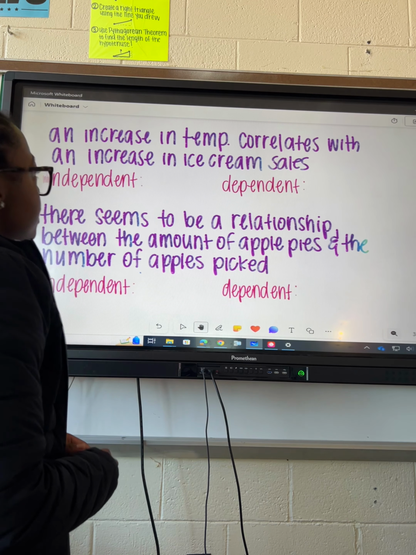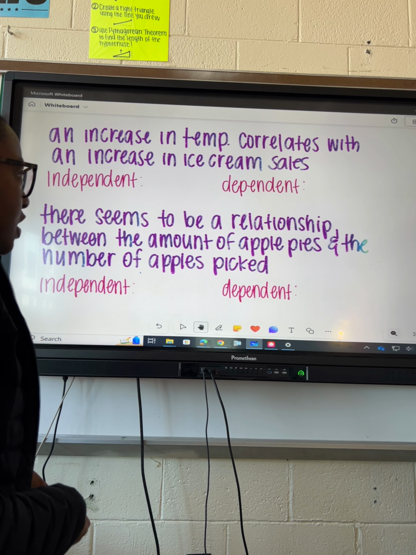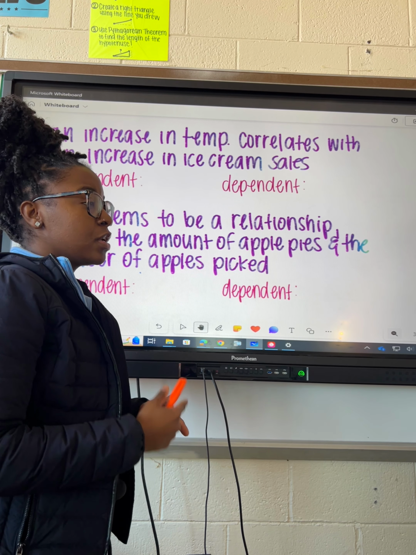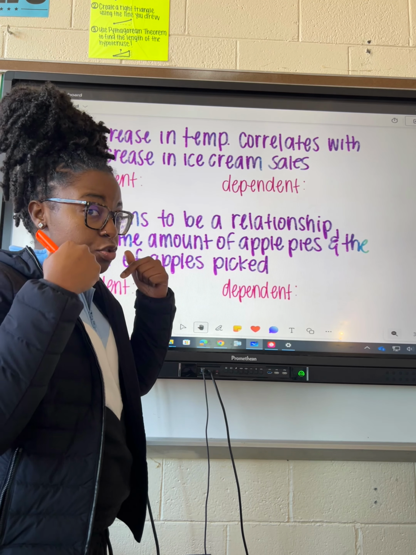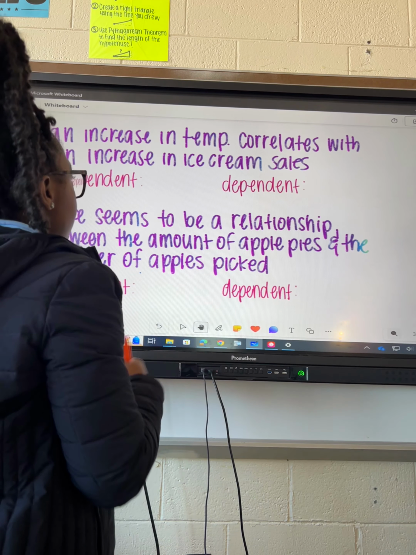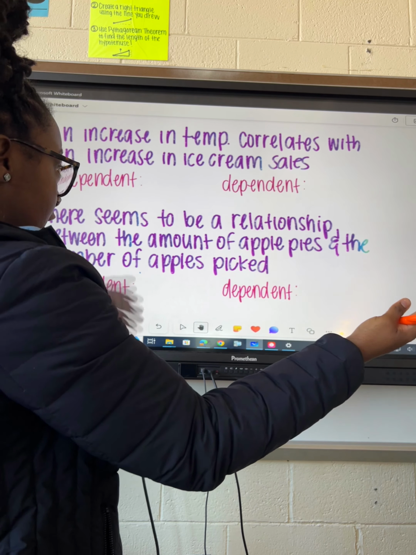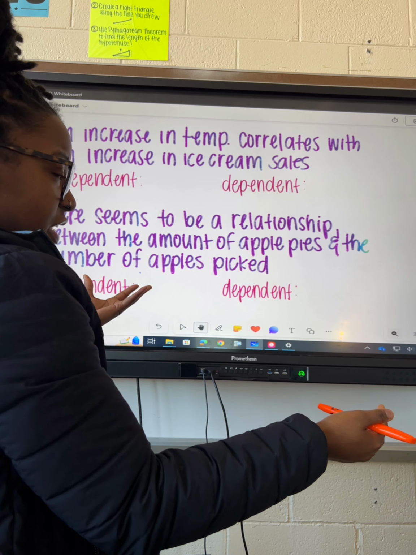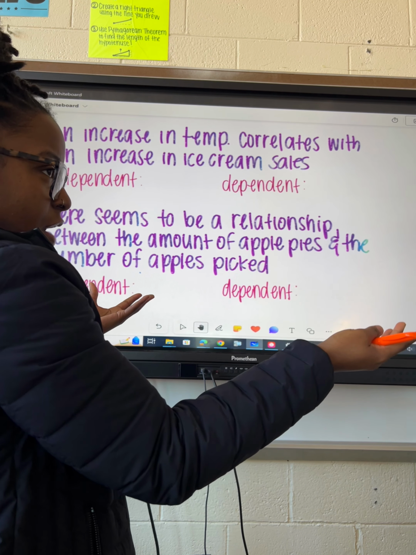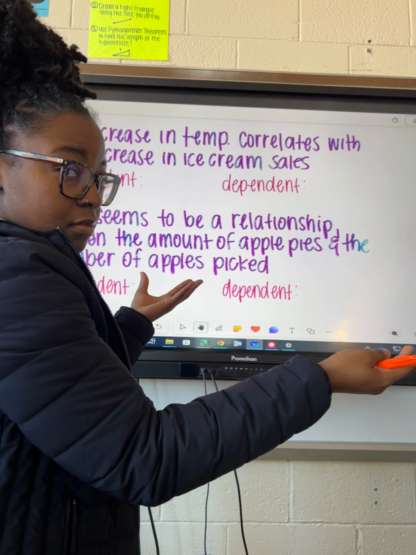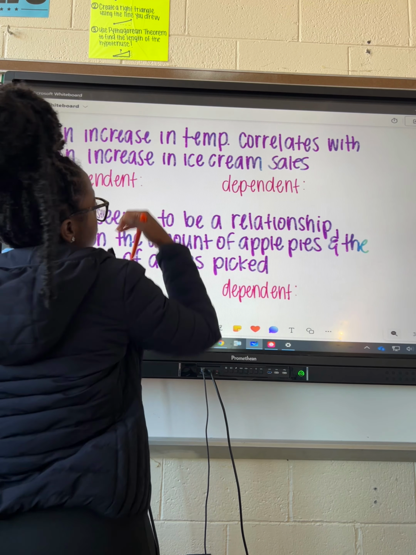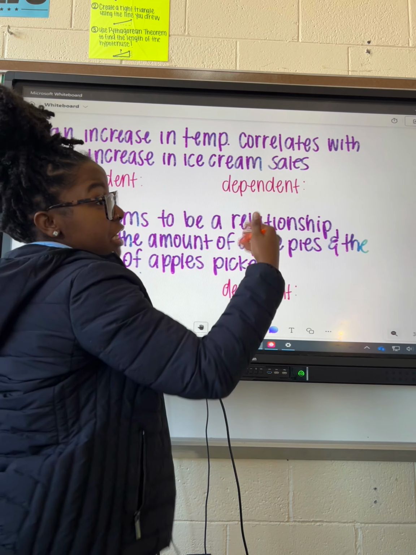Okay, so an increase in temperature correlates with an increase in ice cream sales. When you're trying to figure out which one is which, I want you to think of which one depends on the other. So if we're talking about temperature and ice cream sales, the amount of ice cream we sell would depend on the temperature, right? Independent is what we can change or what is changing.